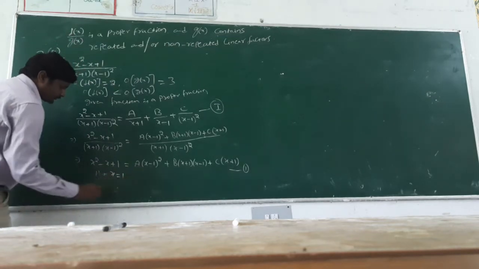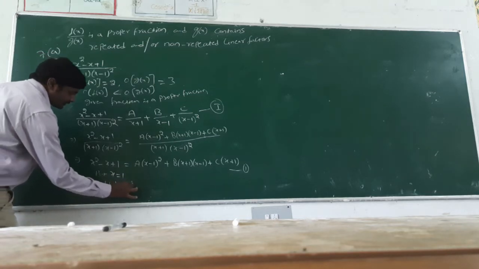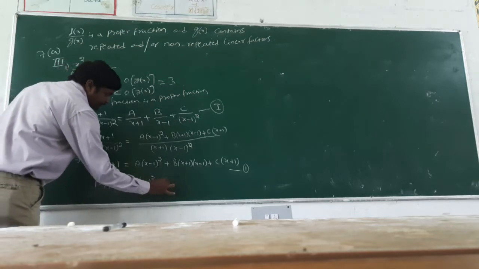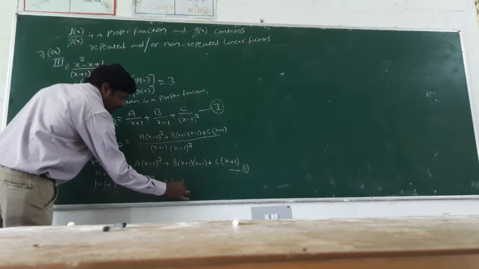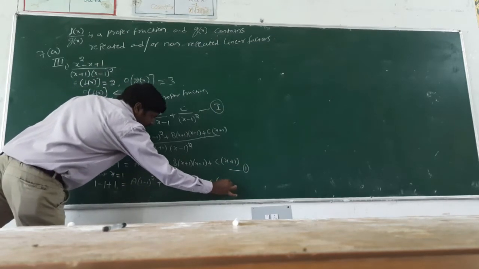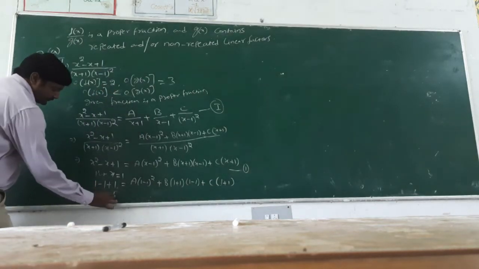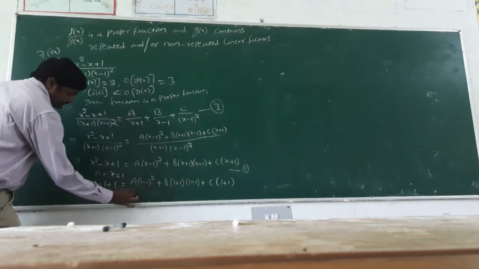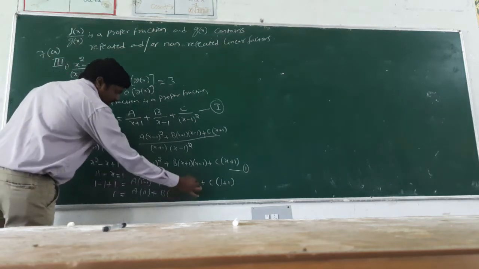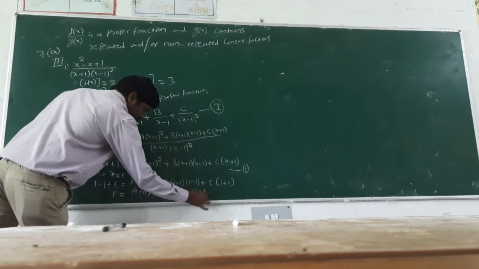We get 1 minus 1 plus 1 is equal to a of (1 minus 1) whole square plus b of (1 plus 1) into (1 minus 1) plus c of (1 plus 1). So 1 is equal to a into 0 plus b of 2 into 0, which is 0, plus c of 2.